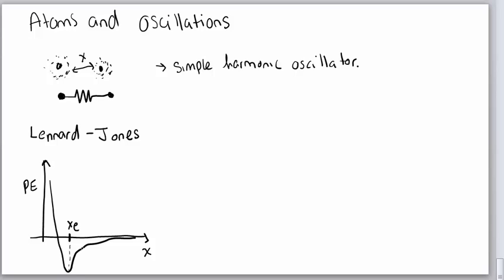This equilibrium distance is equivalent to the x equals 0 neutral position of our spring, in the approximation that we've seen before. As x gets very big, the atoms don't really feel each other, and you can see the potential energy between them is 0. So potential energy approaches 0, which means the atoms are not interacting, and there's really no connection between them.